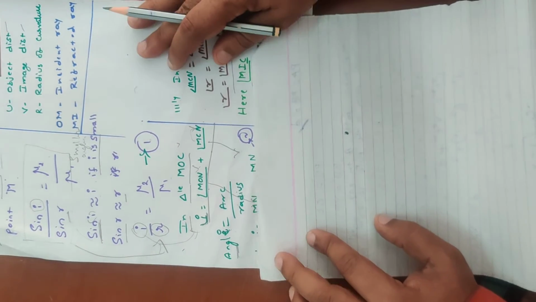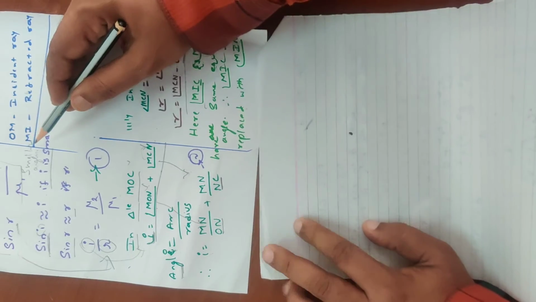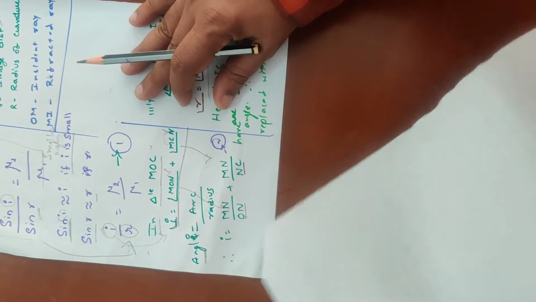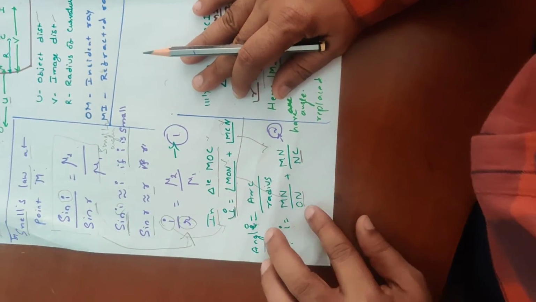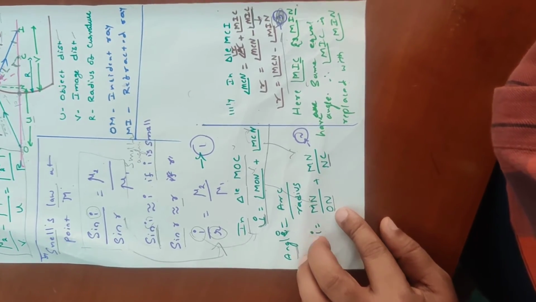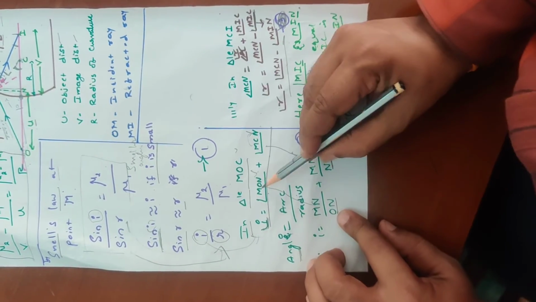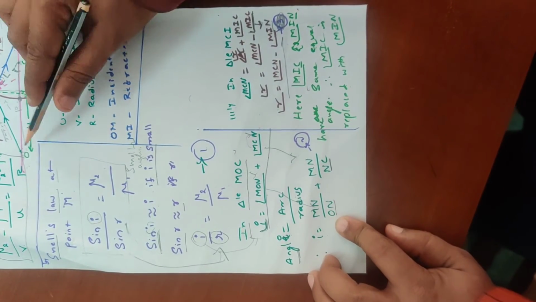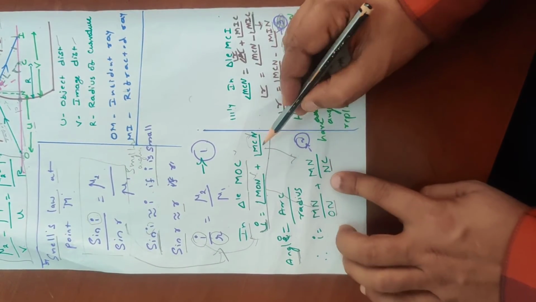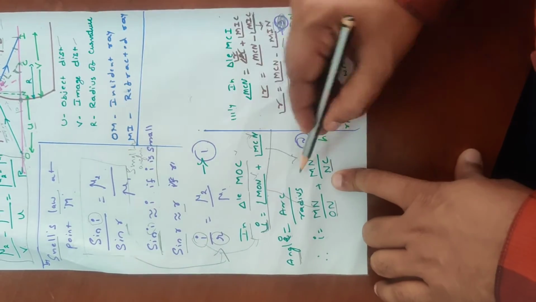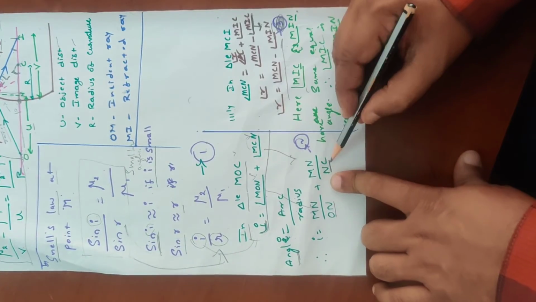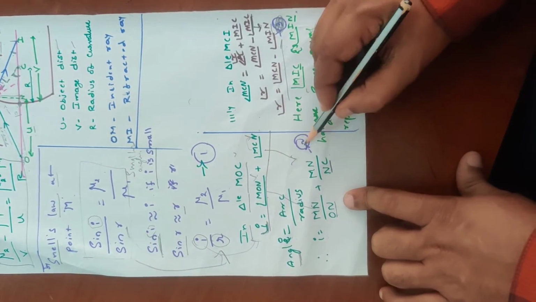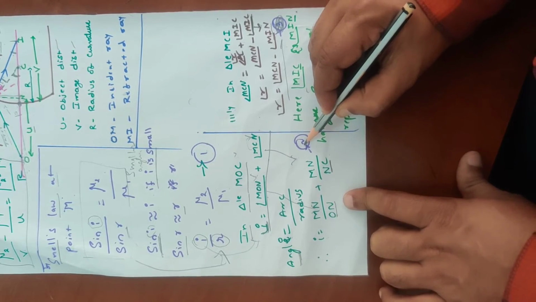Therefore angle MON can be written as MN upon ON, and angle MCN can be written as MN upon NC. I name this equation number 2.